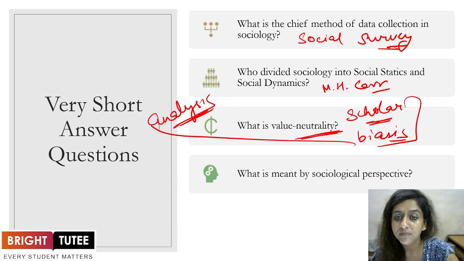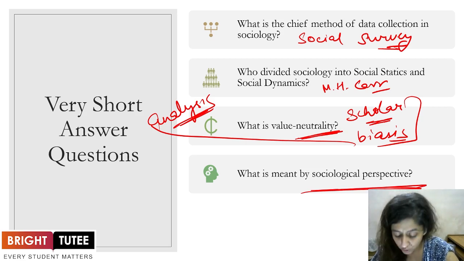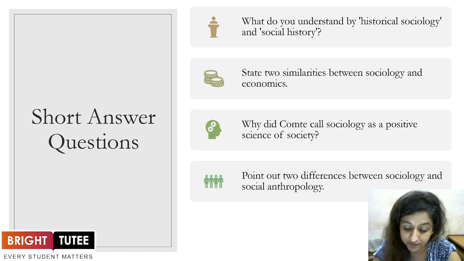Moving on, what is meant by sociological perspective? When you have a brief understanding of your opinions about what is happening in the society, that is what is termed as the sociological perspective.